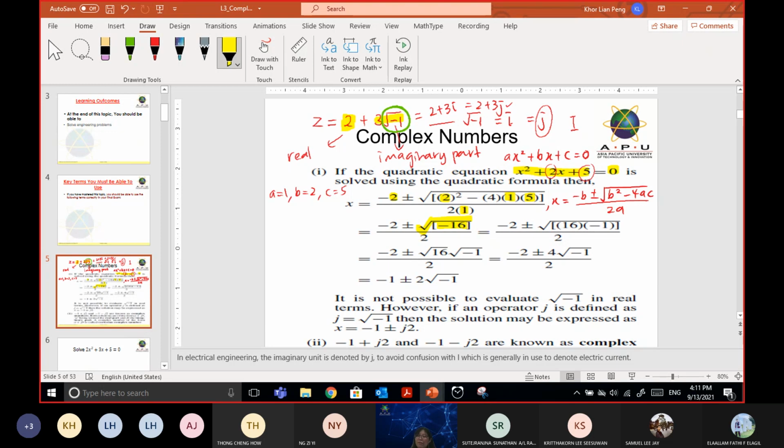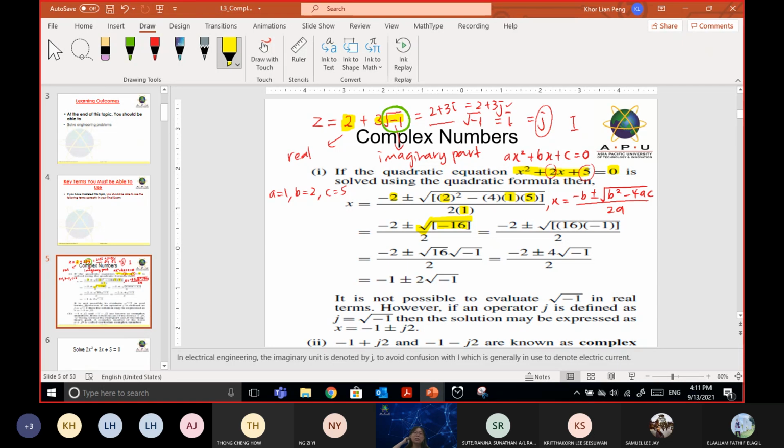Remember, when we have a negative value in the square root, we can't solve this, because this is not a real number. When you have complex numbers, it means this is not a real number. Remember last time when you learned EMTS, I think it's the first topic, you learned about integers and real numbers.